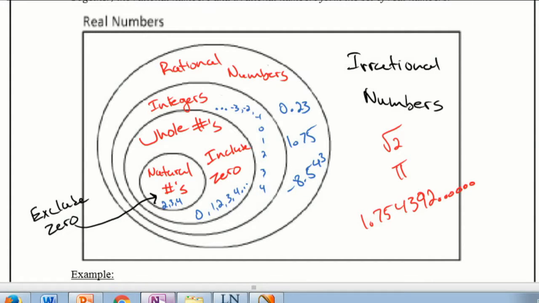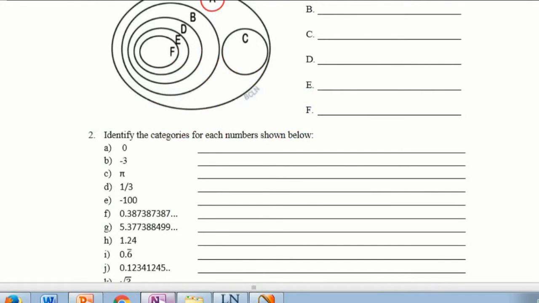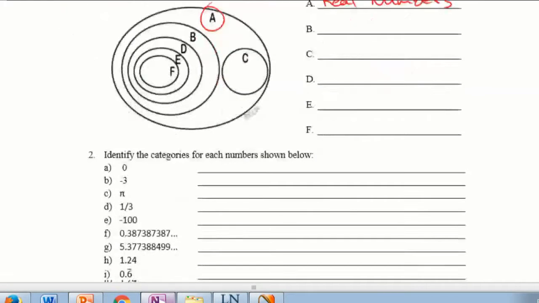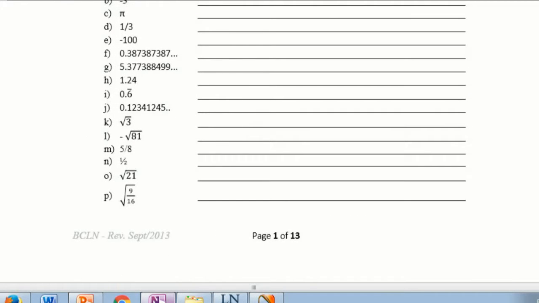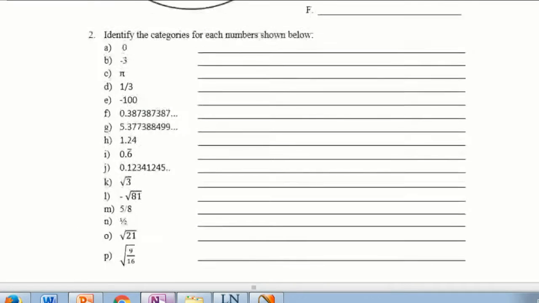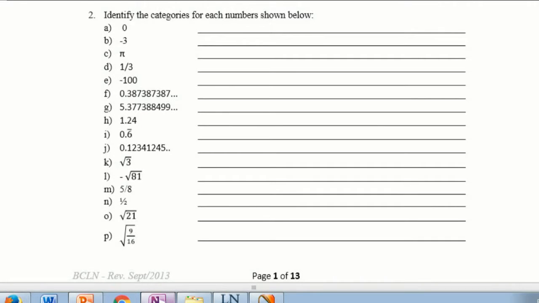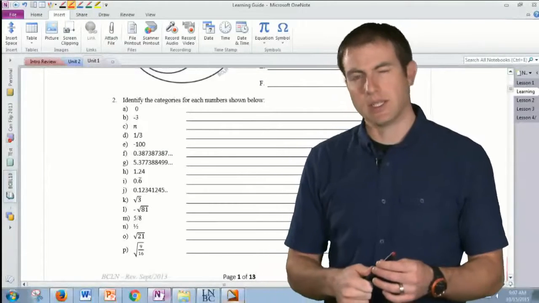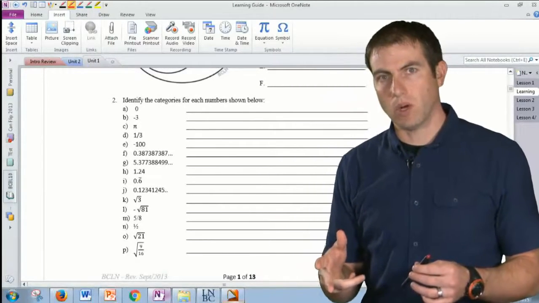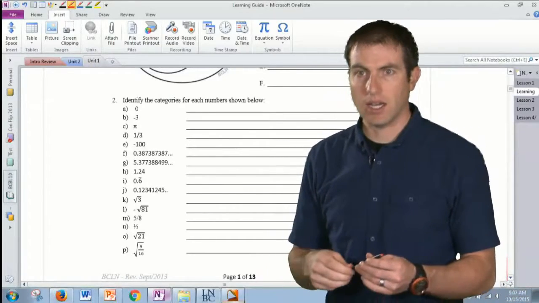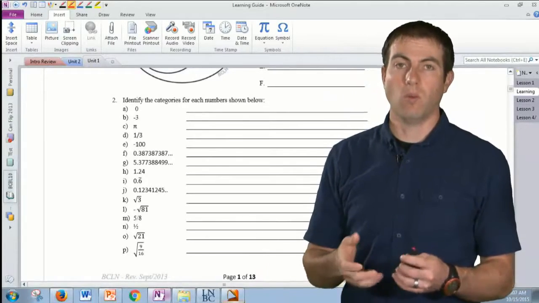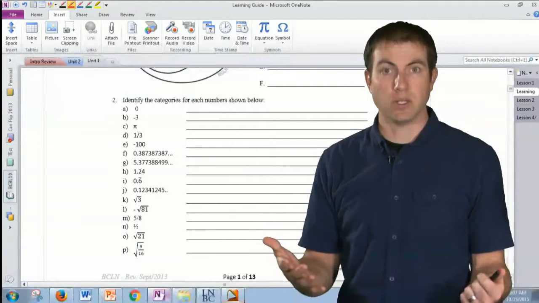If we go back to the learning guide, we have a number like 0, and we need to identify where 0 fits into the number system. As I was explaining in lesson number 1, a number like 0 wasn't one of our natural numbers.